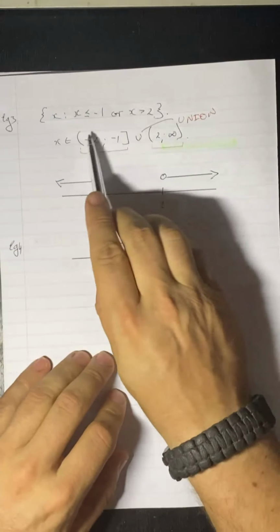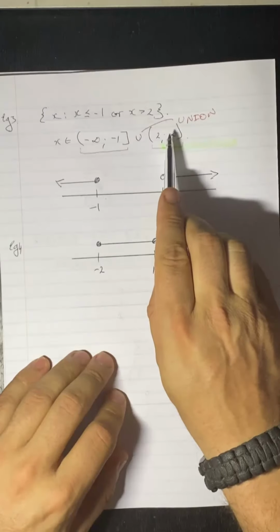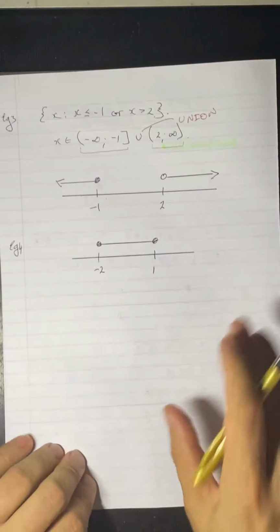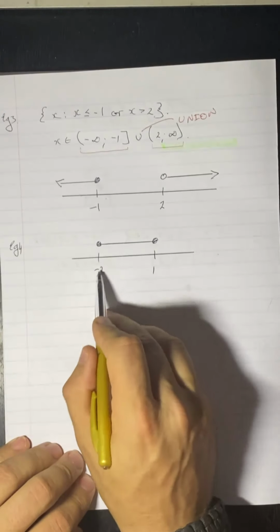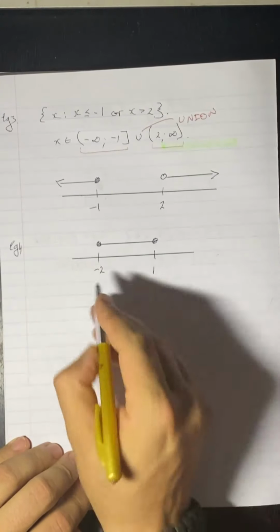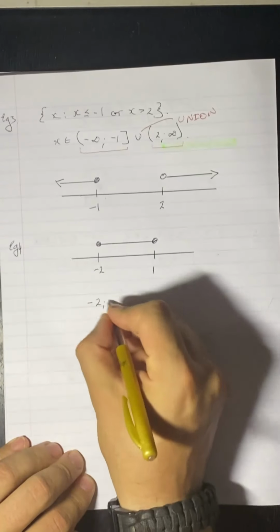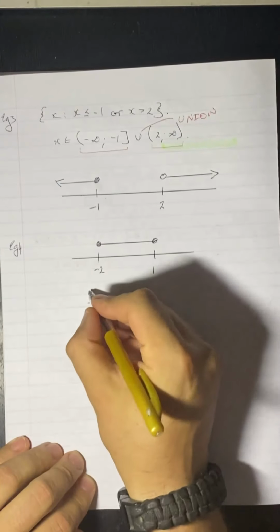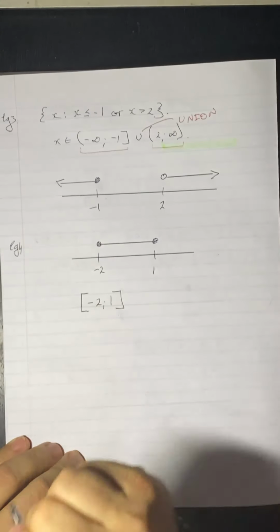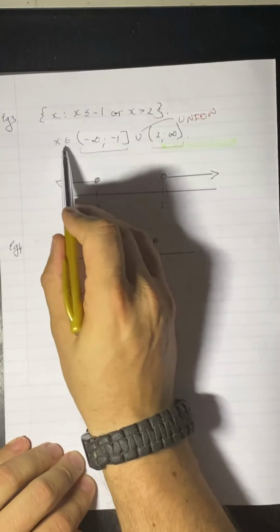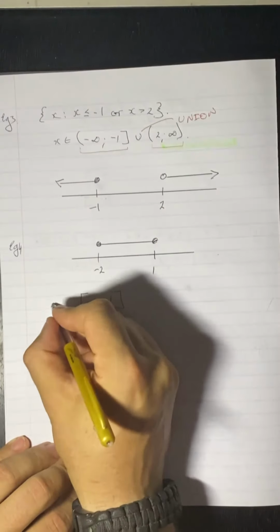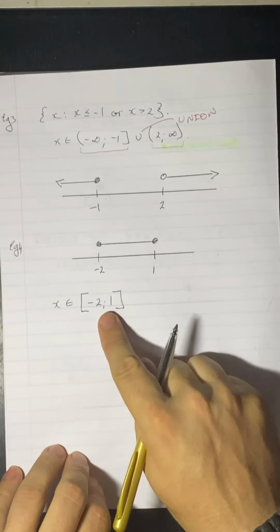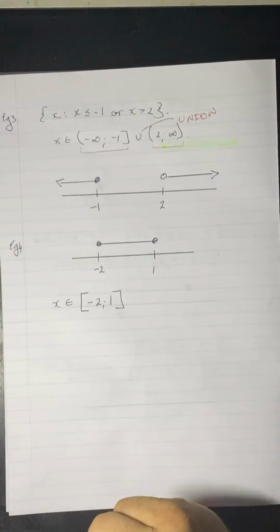Now I have to write it in interval notation, not set builder notation. So I see I've got numbers ranging from -2 up to 1. Remember what the closed dots mean? Closed dots mean square brackets. And for your interval notation, you just add in an x as an element on the front. That is your interval notation for that number line.